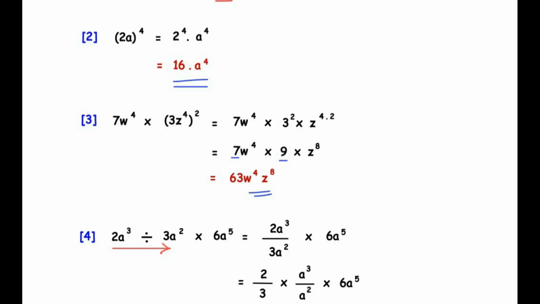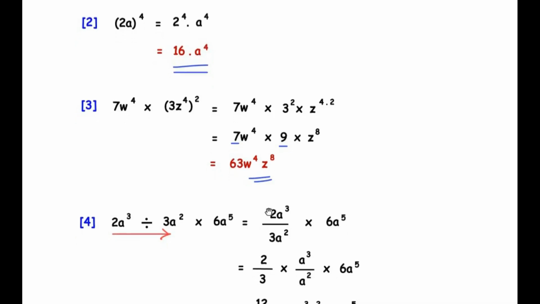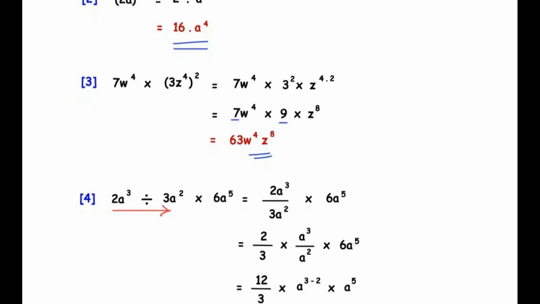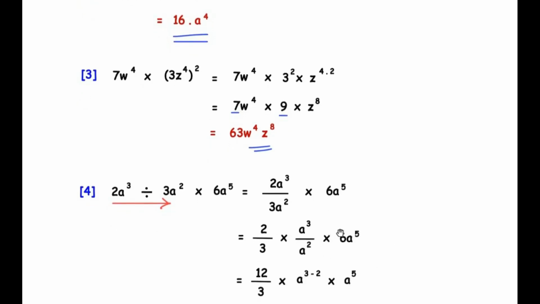Now in the next step, we have separated the numbers, that is 2 over 3, from the fraction, times now we have separated the a terms, that is a cube over a square, times 6a to the power of 5. Now in the next step, we have multiplied the numbers together which are in the numerator. So 6a to the power of 5 can be written as 6a to the power of 5 over 1.